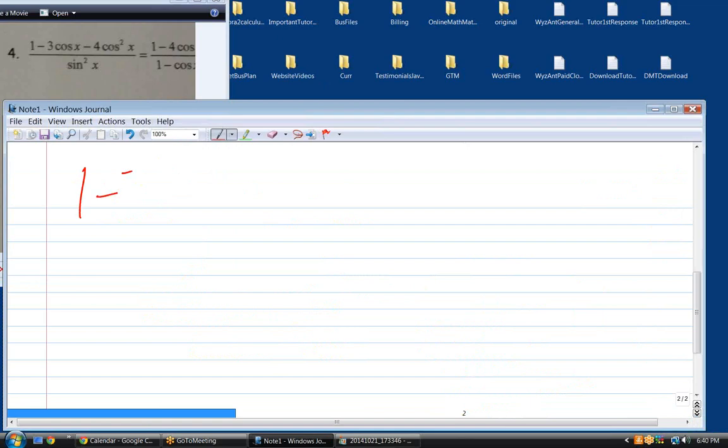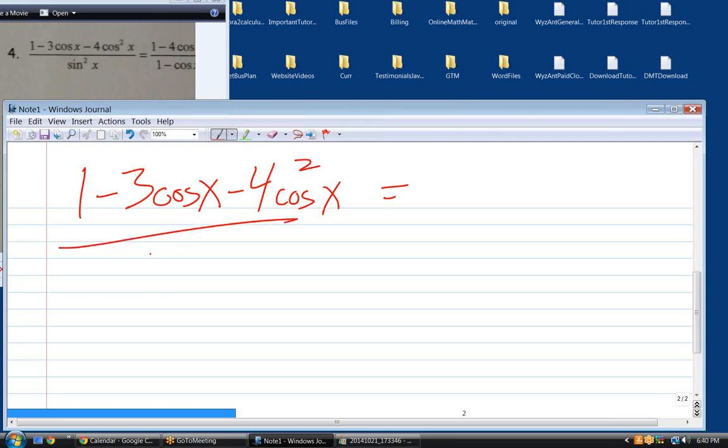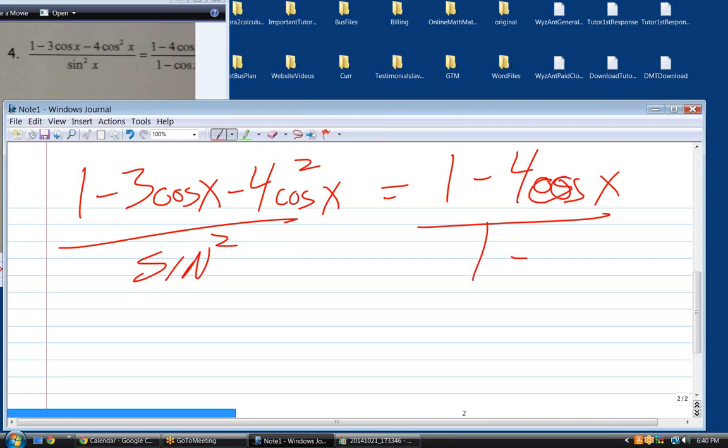Now, this one, what's the right side say over here? It's 1 minus 4 cosine of x all over 1 minus cosine x? Yeah, I started this one, but I got stuck. Okay.